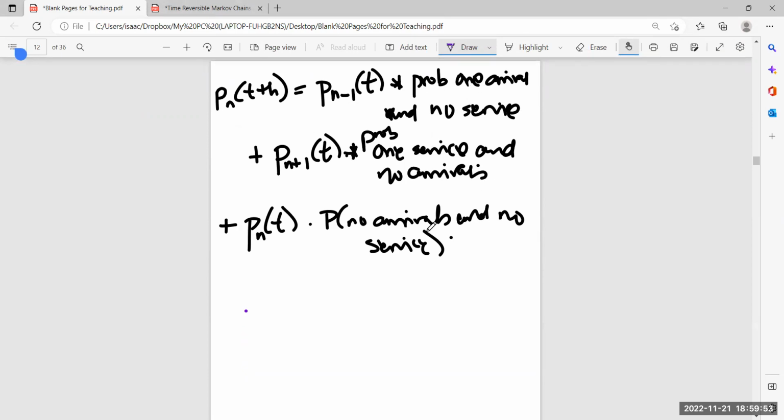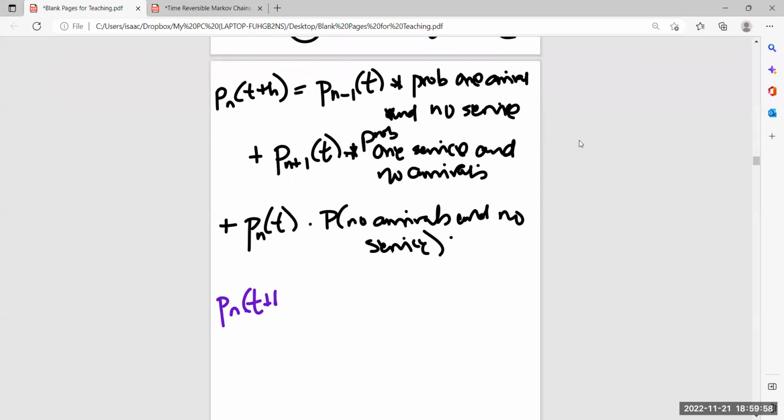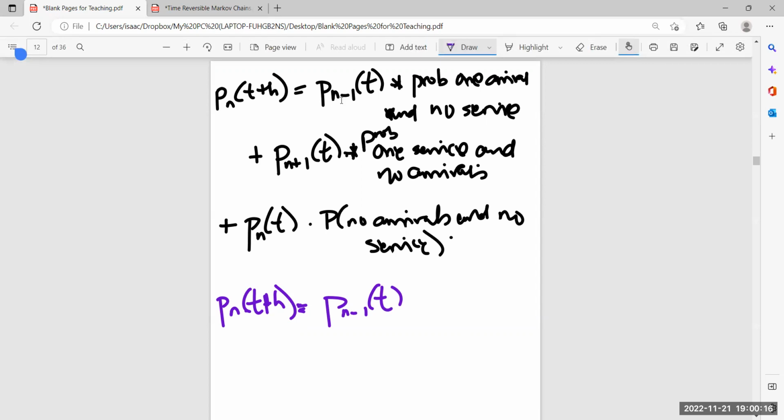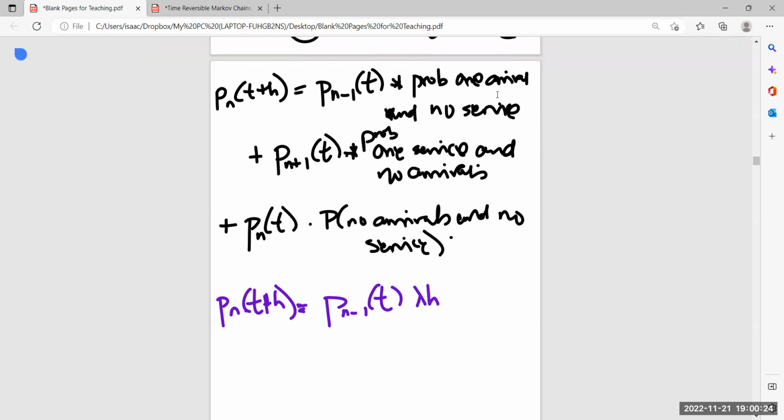So let's see, Pn(t+h) is equal to, looking at the first line, Pn-1(t) multiplied by the probability of one arrival and no service. So one arrival is lambda h, and no service is 1 minus mu h, right?